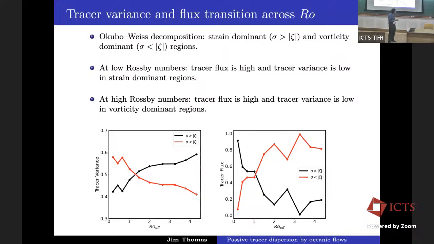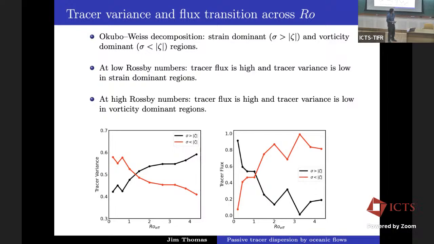If you remember the earlier plots that I showed, the tracer was stuck inside coherent structures. So that's the sign that we see again here. Most of the tracer variance is contained in vorticity dominant regions at low Rossby numbers, and correspondingly, the tracer flux is high at low Rossby numbers in strain dominant regions.